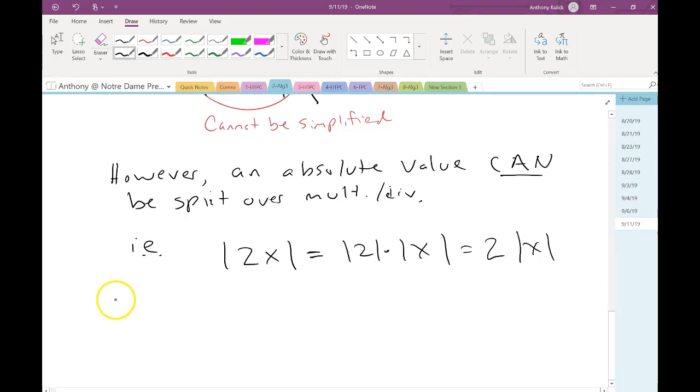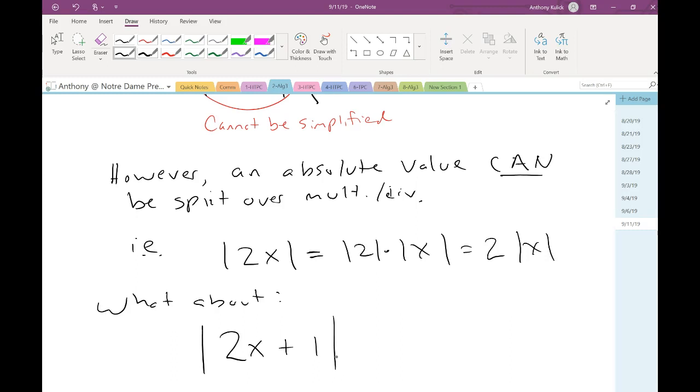What about if they are in combination? Can I do anything to simplify this? Anybody got an idea here? Can I break up this absolute value?